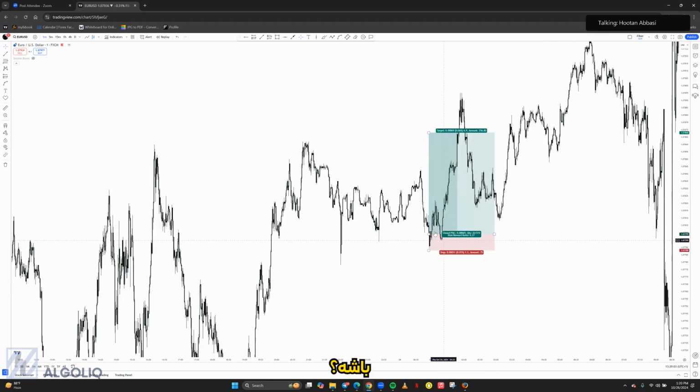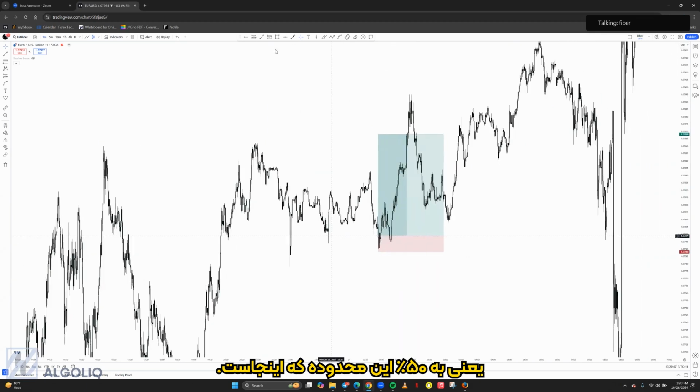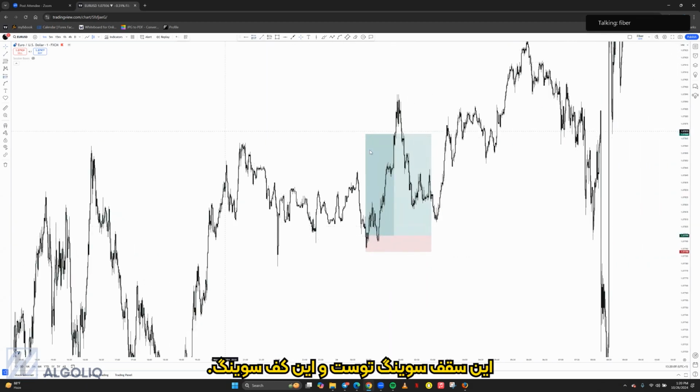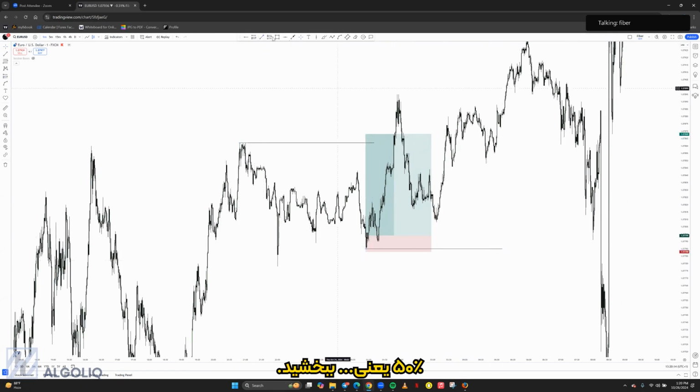That means the 50%, with this as your high and this as your low, is this. So you should break even. That is if you have a mitigated entry.